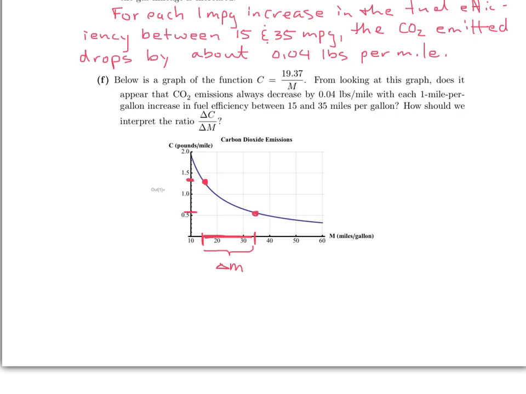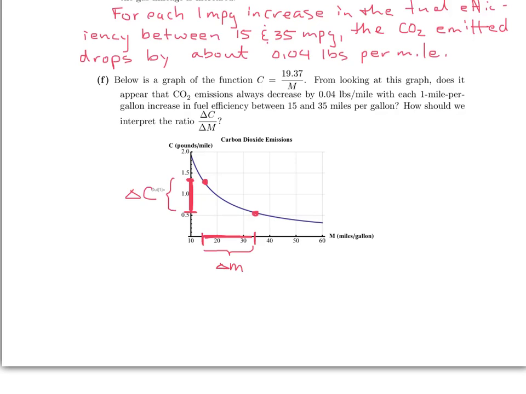So we have the two emissions. This was our initial emissions, this was our final emissions, and we subtracted them to calculate the total change. So really our total change is the difference between these two values. You can also think of it as the distance between those two points. So that is our change in emissions.